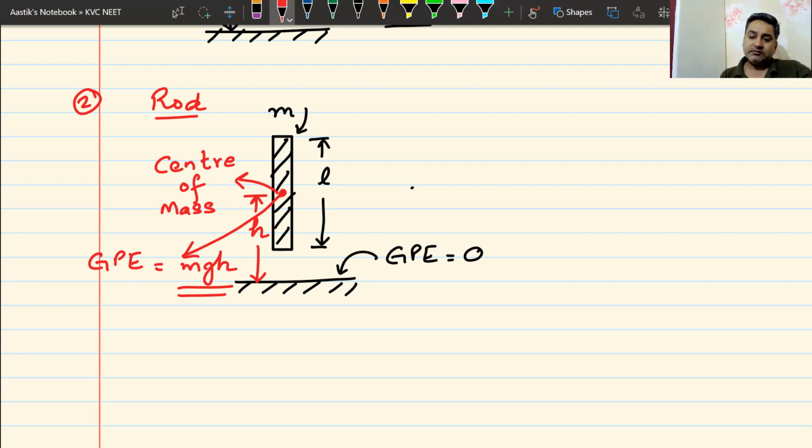Assume that the potential energy of the ground is 0, then the potential energy of the rod becomes mgh. m is the mass of the rod, g is acceleration due to gravity, we all know it. h is the height of the center of the rod from the ground. Do we understand this? Well done. Please note it down.